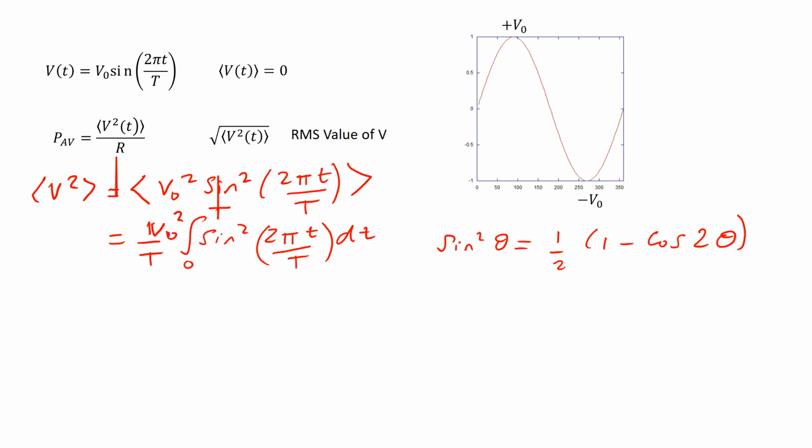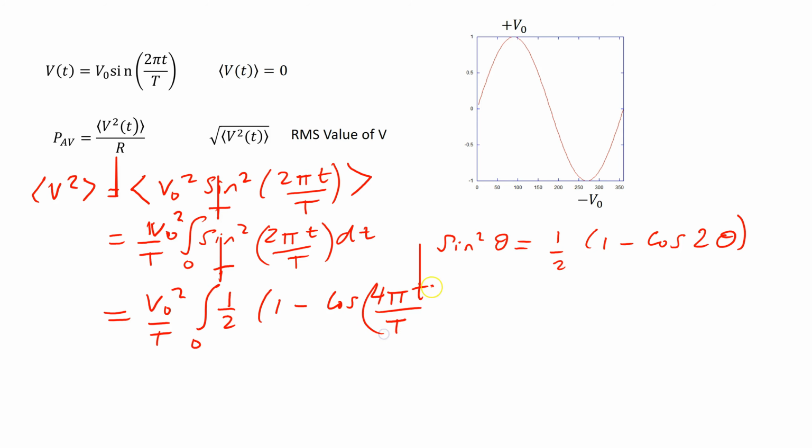So let's substitute this into here, and we now have a new integral then. And now it's 4 pi. And let's evaluate this.